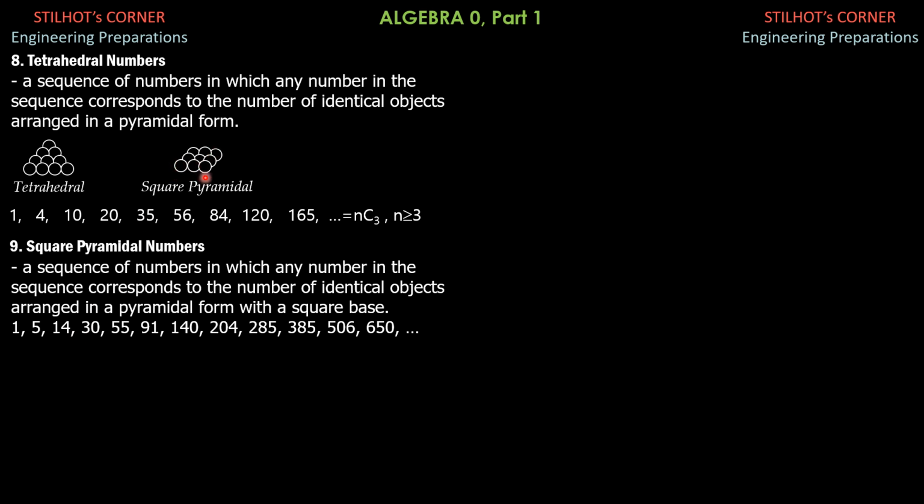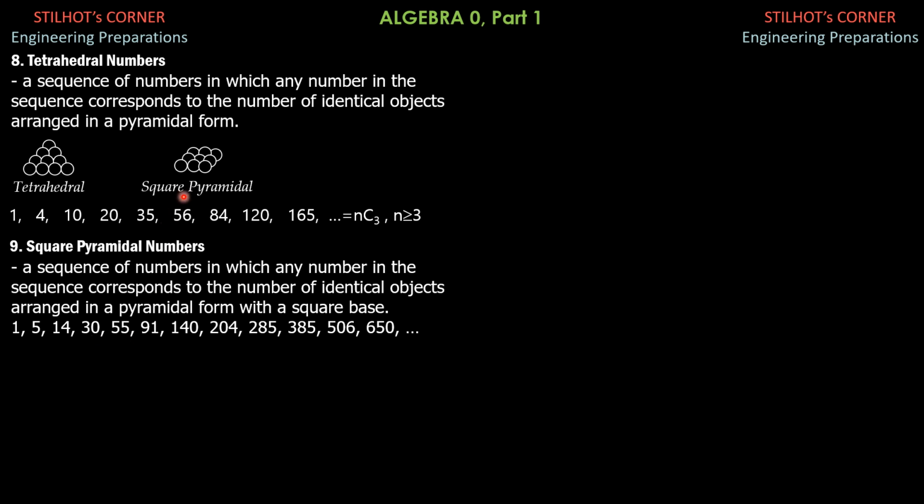Then the next layer is a perfect square, 4 squared, 16. So that's why 14 plus 16 is 30. Next is 5 squared, 25. 30 plus 25 is 55.